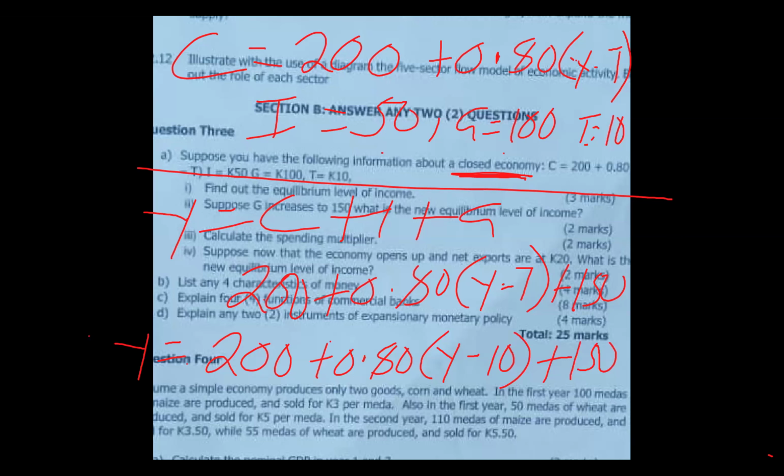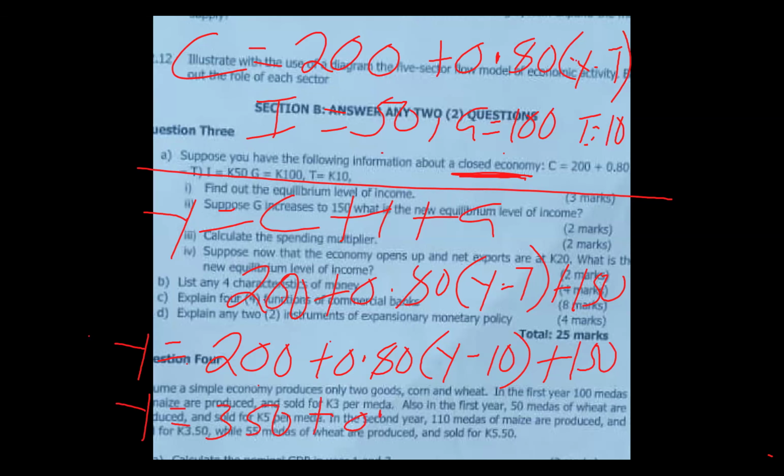And so what we are doing is that we are solving for y. We are making y the subject of the formula. So you can say y is equal to 200 plus 150. This should give us 350, right? Plus 0.8 times y.